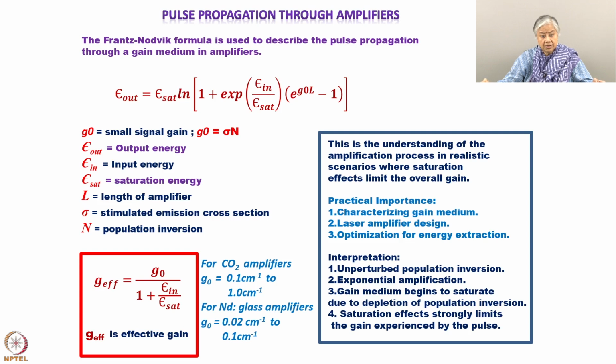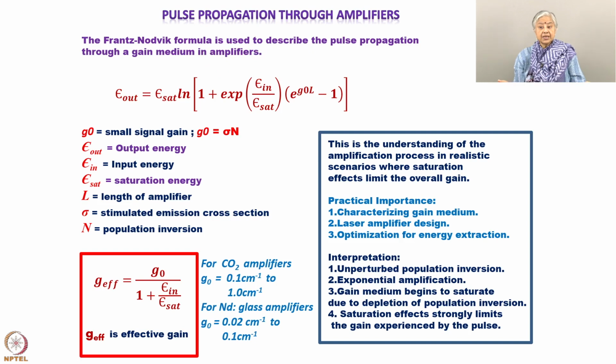So, one very good theory which has been used for a long time and is still being used is the Franz-Nordwig formula. It's used to describe the pulse propagation through a gain medium in amplifiers. They are two authors actually, and they gave their theoretical understanding of this pulse propagation through amplifiers way back in 1963, 64, somewhere around there.